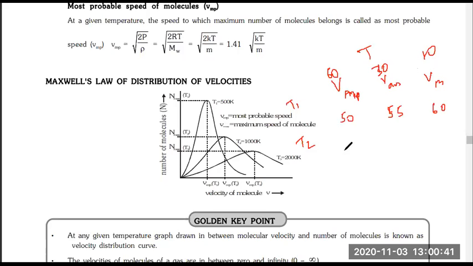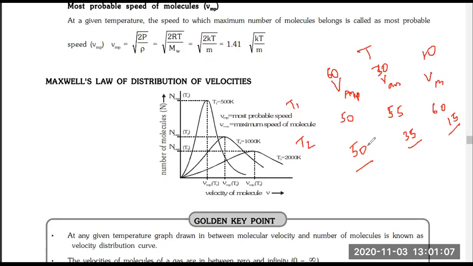But after increasing the temperature, it might change, because the energy and temperature of all the molecules is increasing. So the number of molecules having the most probable speed will decrease, it will become 50. Now this might become 35 and this might become 15. Yes or no?